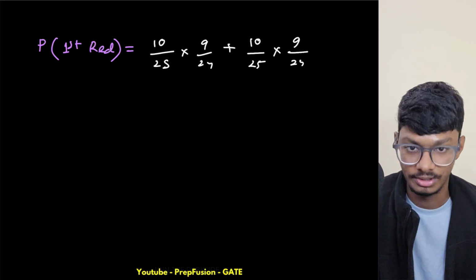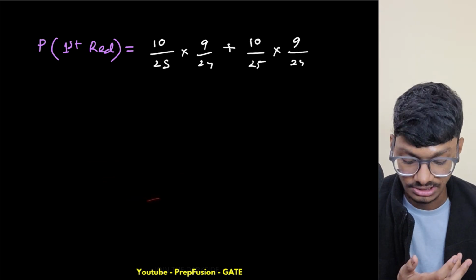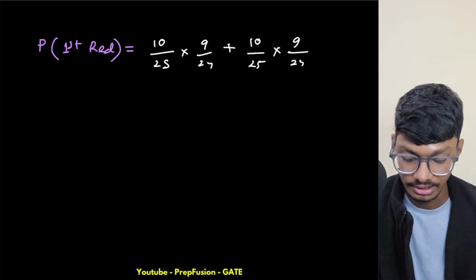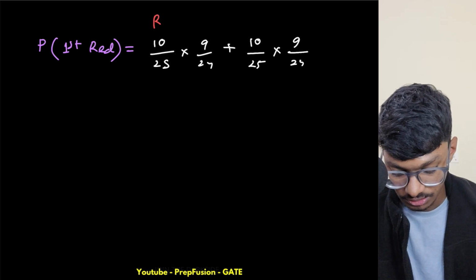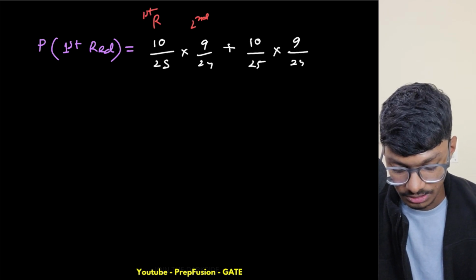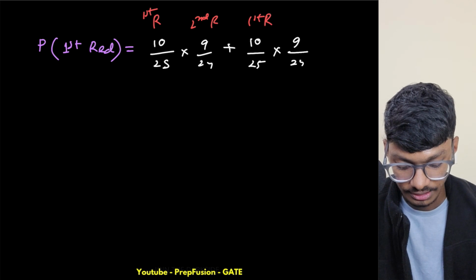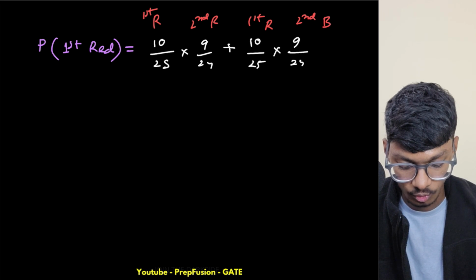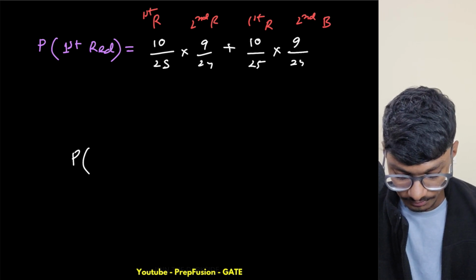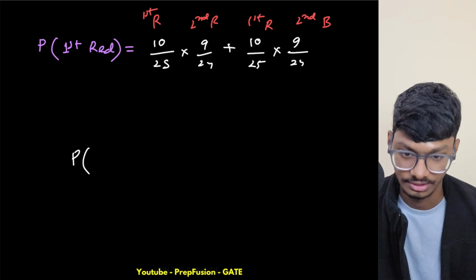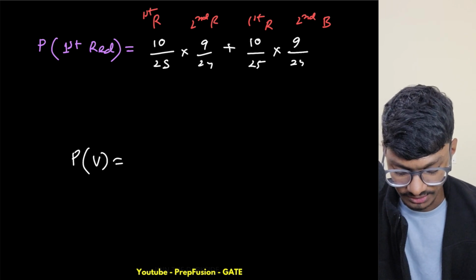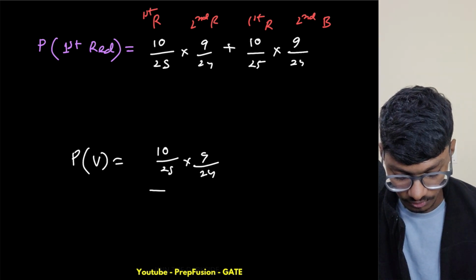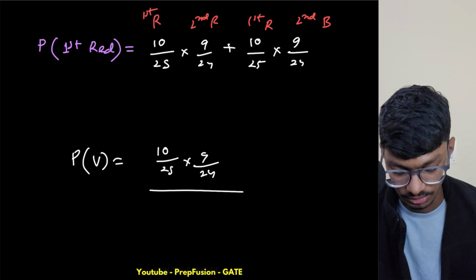So what is the probability formula? Probability is the desired outcome upon the total sample size. The desired outcome is that I get two red balls, first red then second red. Here it is first red but second blue. So let me name this event V, the probability of getting both reds, equals 10 by 25 times 9 by 24 divided by this thing.